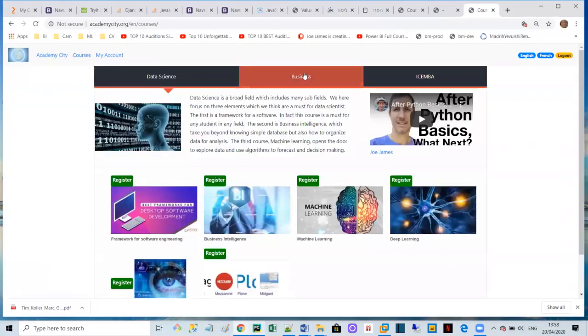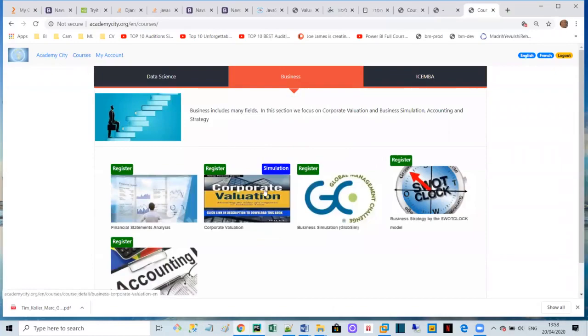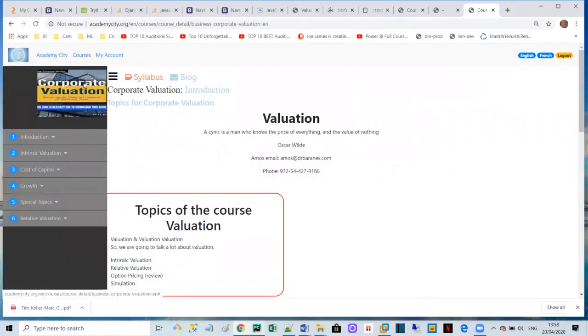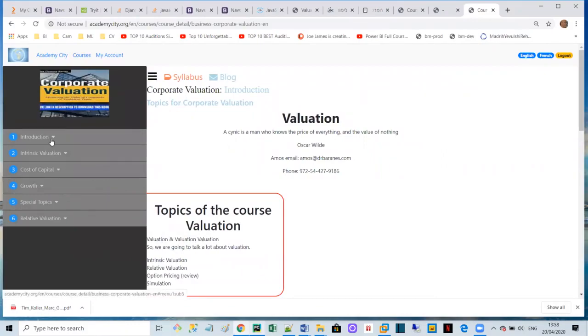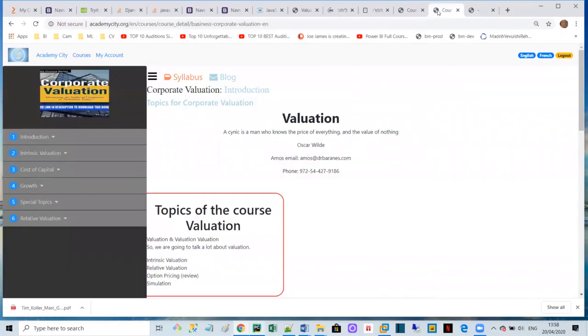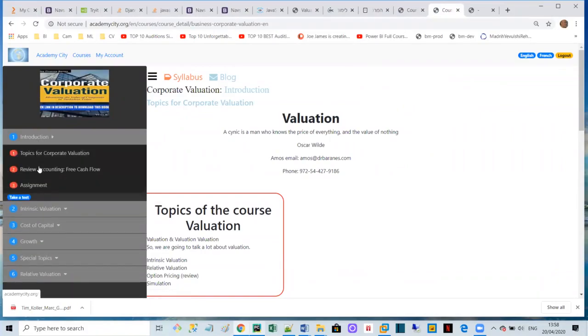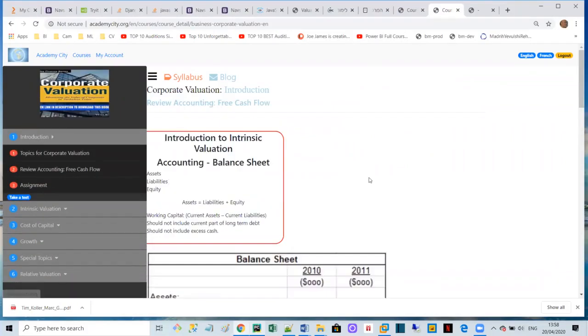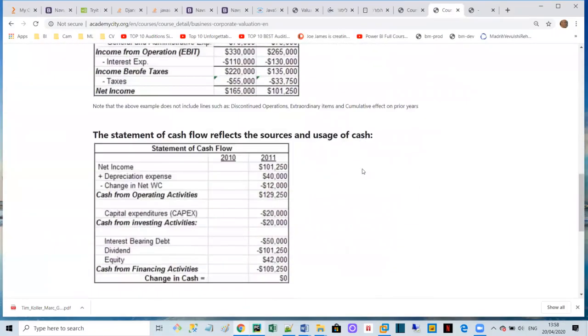Usually, when you study, I strongly recommend you click on the picture, you get the material. So this is really all the material for the course. Here you have the simulation. Here you have the material. So for example, you can click here and you read this chapter and we'll go over that today, okay?